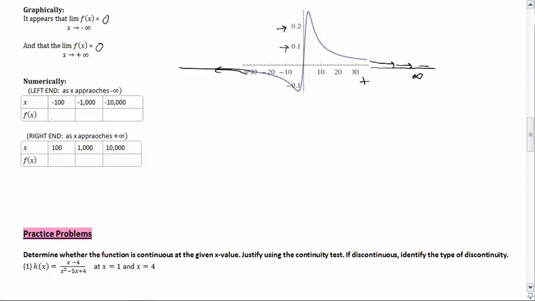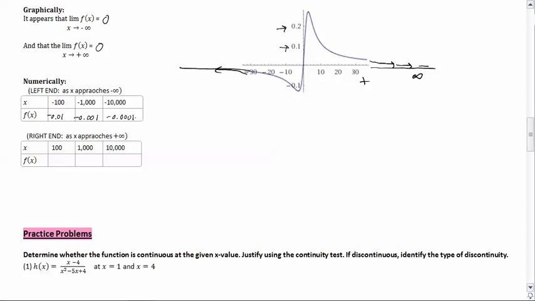Negative 100, I think we get negative 0.01. Negative 1,000, we get negative 0.001. Negative 10,000, you get negative 0.0001. So you can see we're getting smaller and smaller, closer and closer to 0.